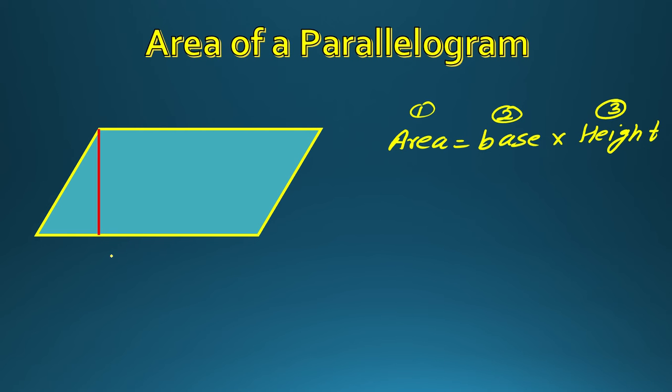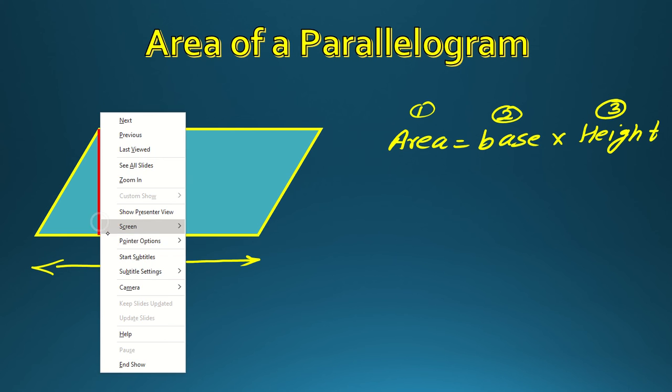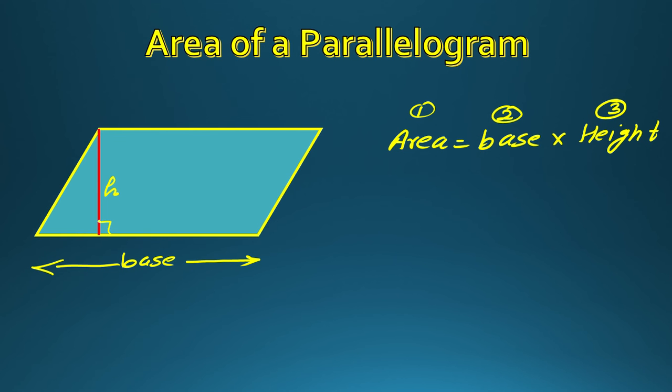For example, this line is the base, and this line here I am taking as height. Remember that height is a line which makes 90° with the base. In the exam, you should see which line is making 90° with the base, and that line will be taken as the height.